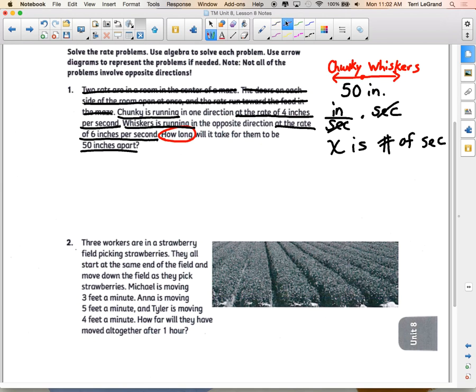We got Chunky. We got Whiskers. And do we have a total? Yeah, we do. Okay, so let's write total.